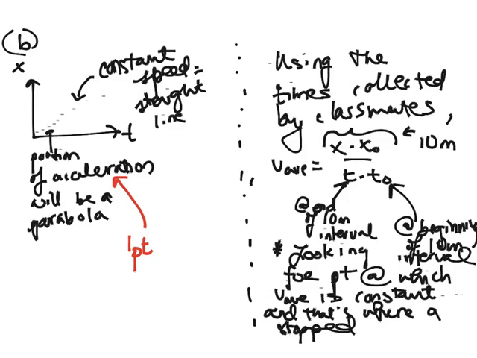Okay, so you're going to get 1 point for either of these two things. You have to mention that the portion of acceleration looks like a parabola and that there's a straight line, or you need to mention both this equation and that you're looking for the point at which v average is constant, and that's where acceleration stopped.